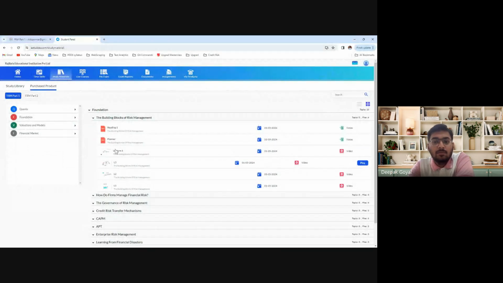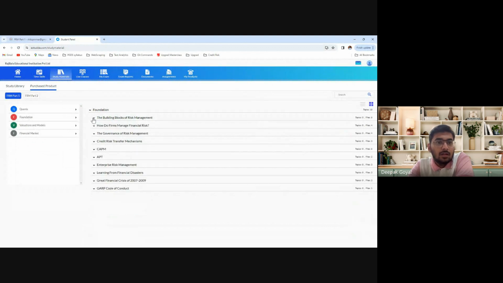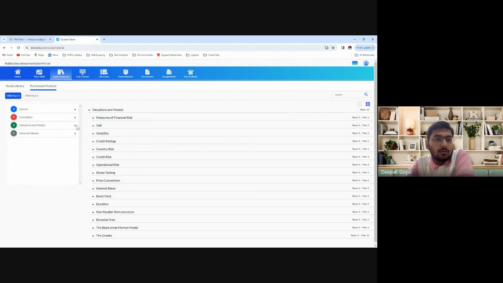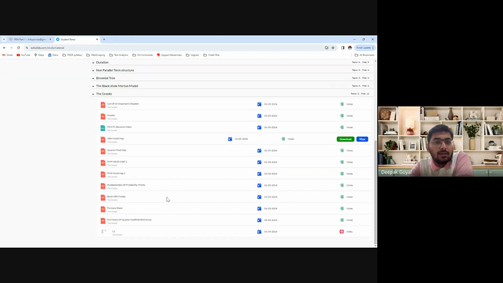Clear? Apart from that, mind maps are also added. Now go to the 4th book, that is Valuation and Risk Models. Ritu, go to the 4th book, Valuation and Risk Models. Go to the last chapter, the Greeks. Over here, we have added all the notes which are required for the purpose of revision. That's why we have added it at the end so that students will not see it in the beginning.